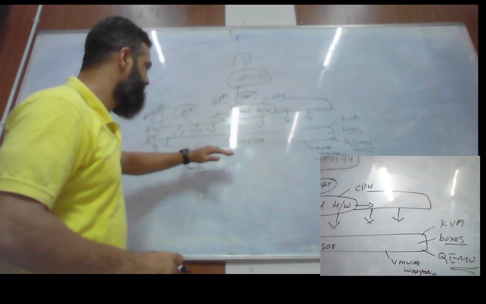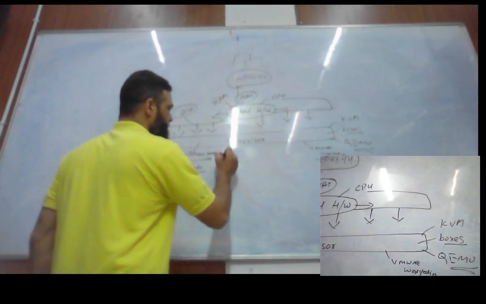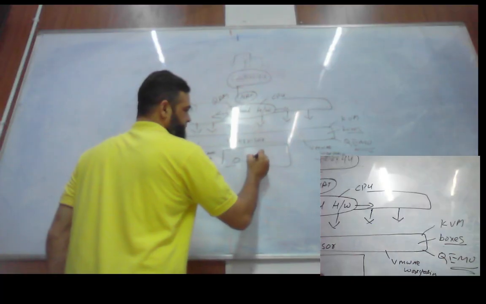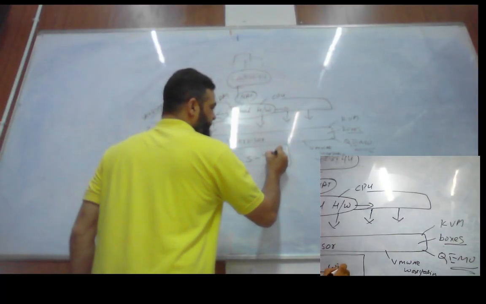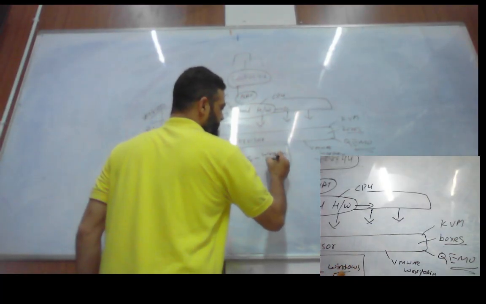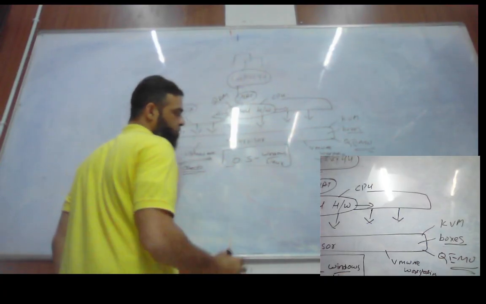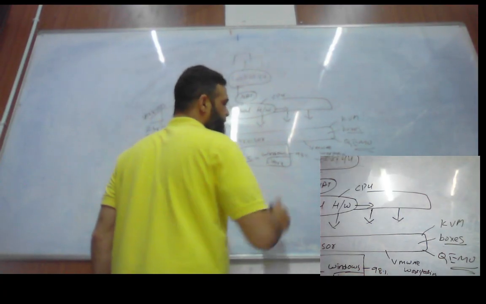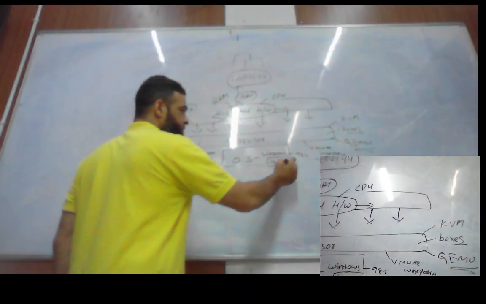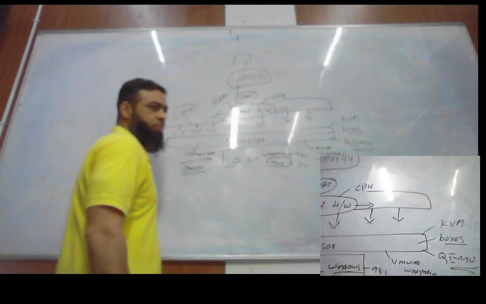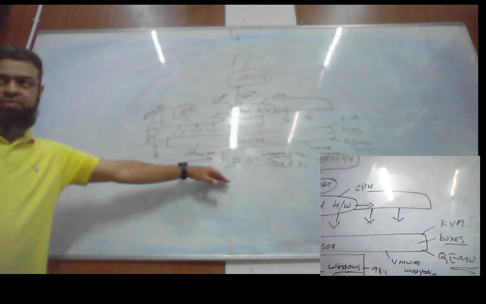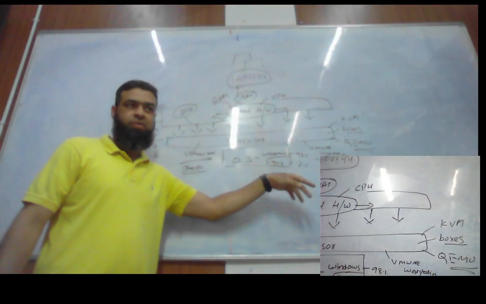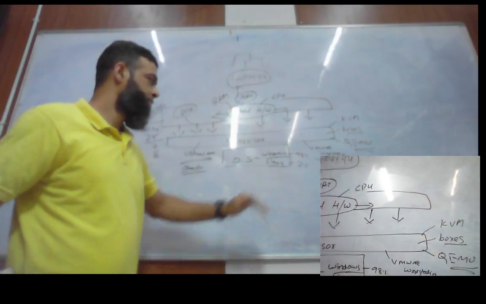Then after this hypervisor, you will have your OS. So you either have Windows or Linux. Almost 98% will have Windows. Only 2% will have a Linux operating system. So on Windows only you install VirtualBox, right? So your base OS is Windows.